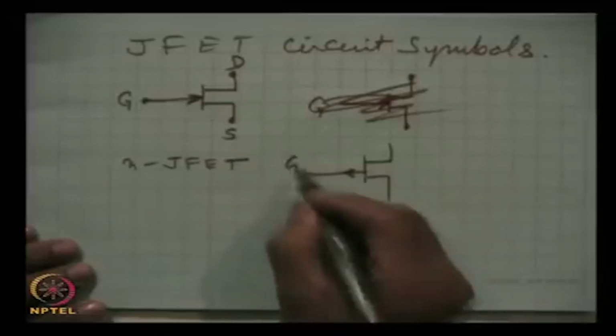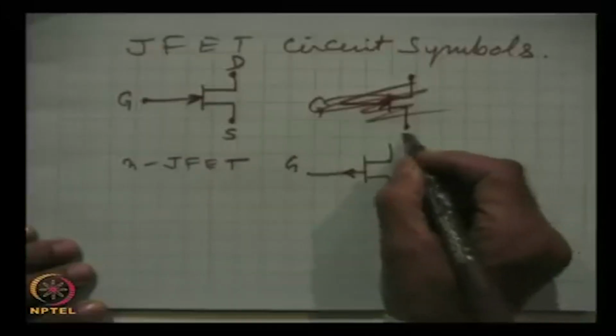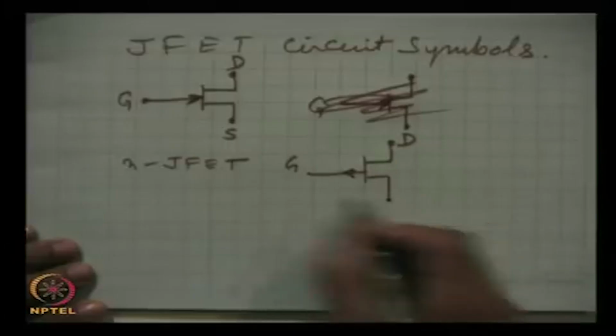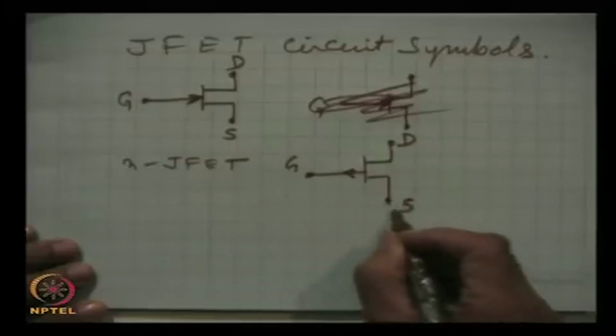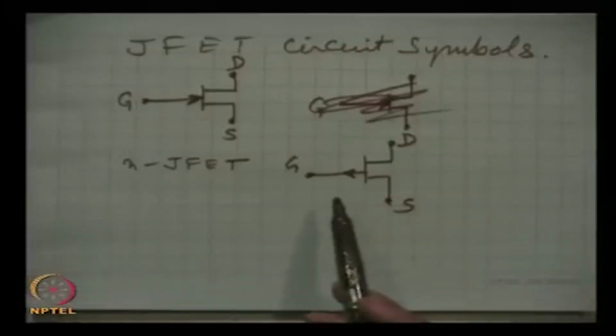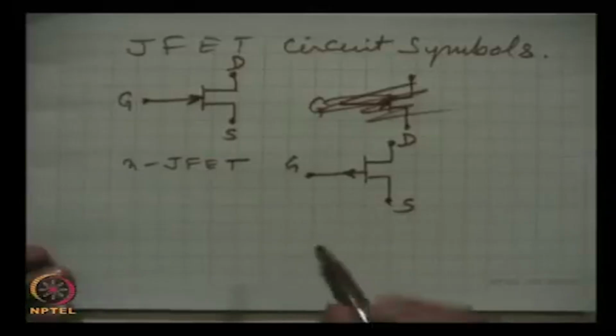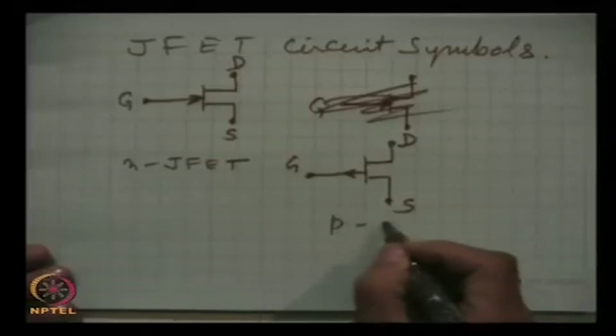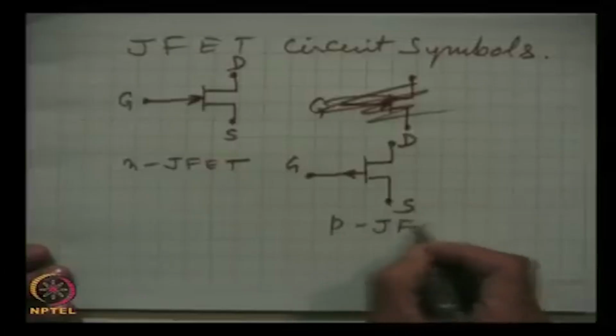This is gate, this is drain, and this is source. So, this is the circuit symbol for P JFET.